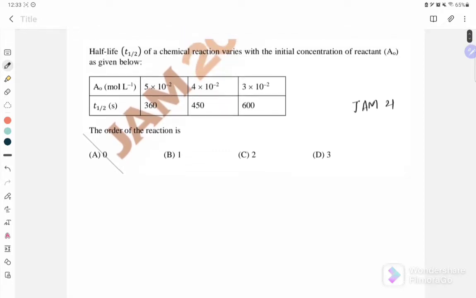Our first question came in 2021. The question is: the half-life of a chemical reaction varies with the initial concentration A0.